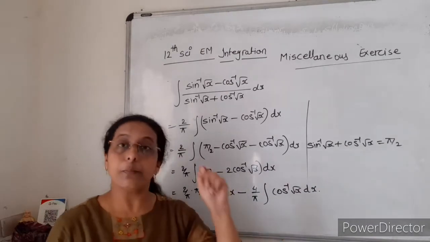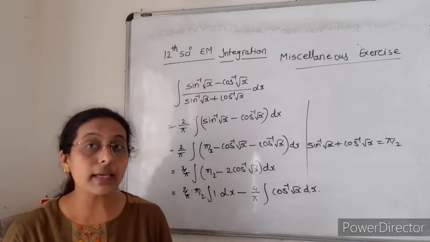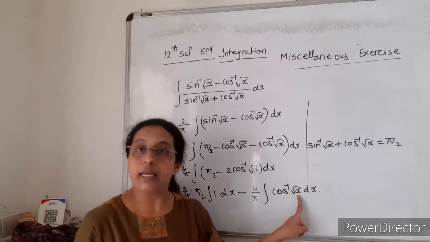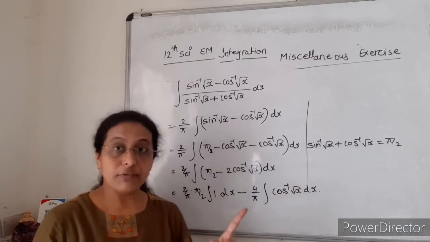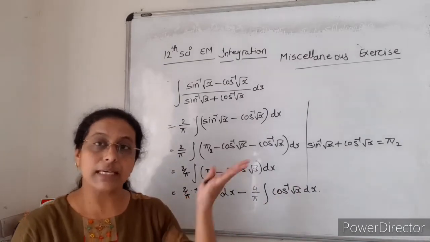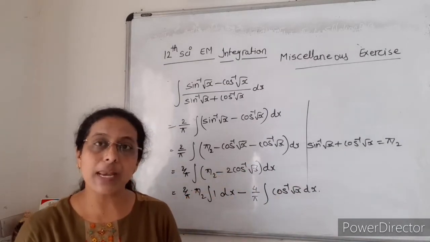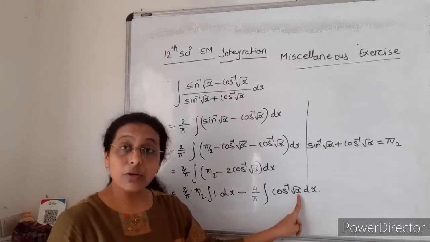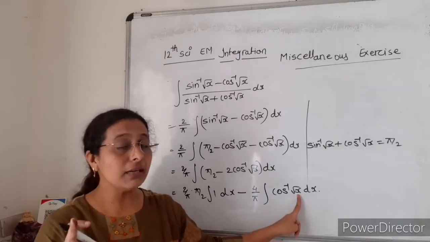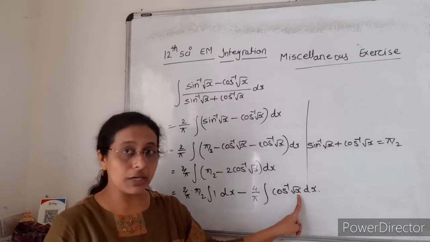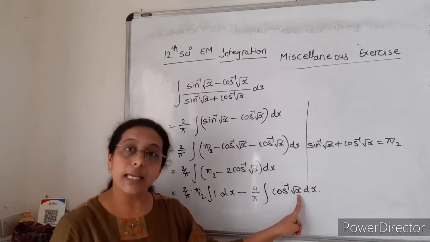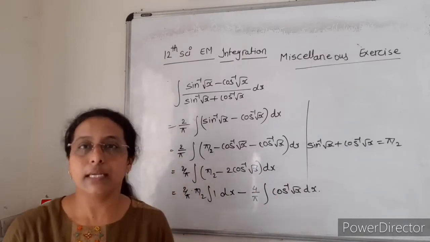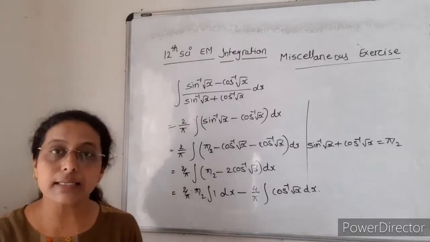Otherwise, if a power is given, x square or root x, then you cannot directly apply this formula. A coefficient is fine, because we can divide by the coefficient, so it balances. But the power of x should not be given; it should be 1, then only you can use the formula. That is, it should be only x. If it is root x or x square, you cannot use the formula.